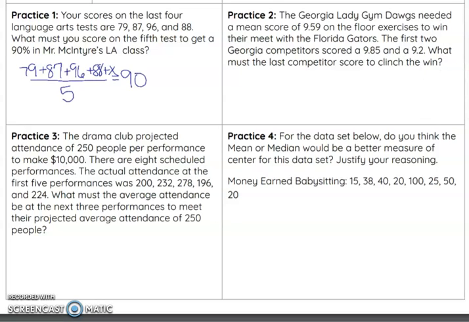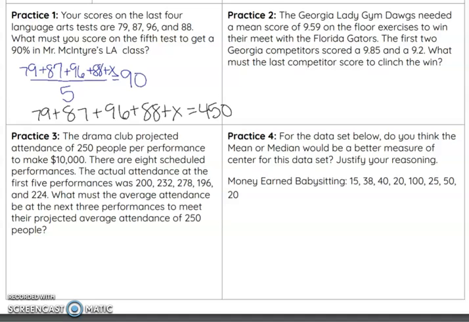So if I think backwards, and I need a 90% on 5 tests, that's the average I need. Well, if you multiply those two together, 90 times 5, that gives me that all of these test scores together need to equal 450 points.